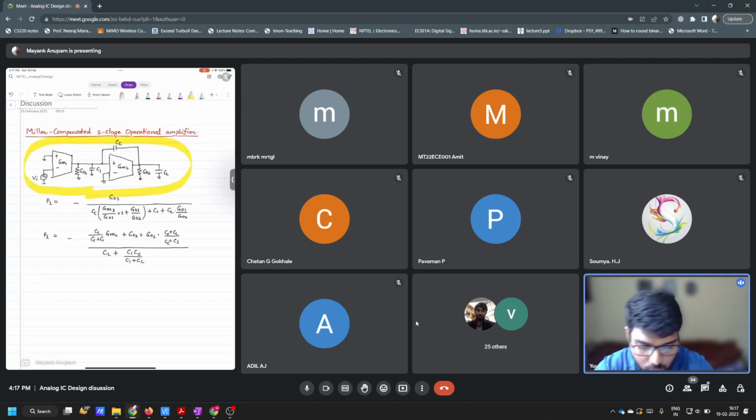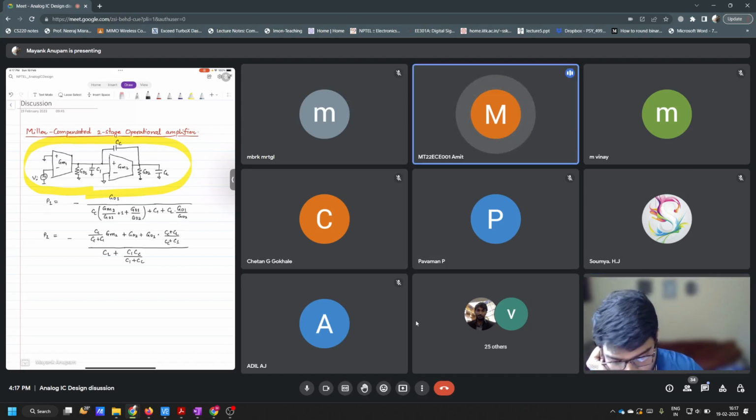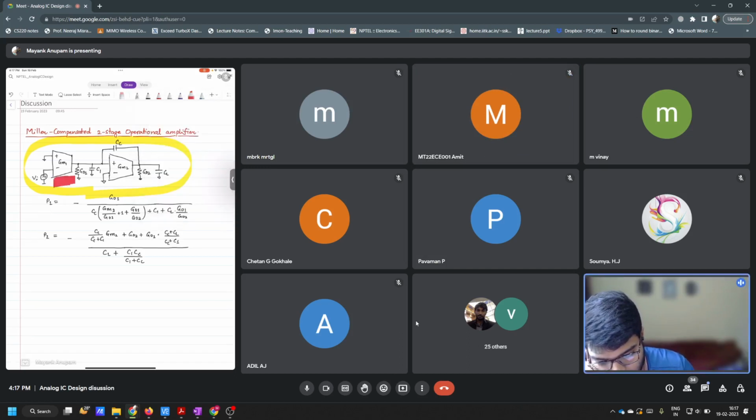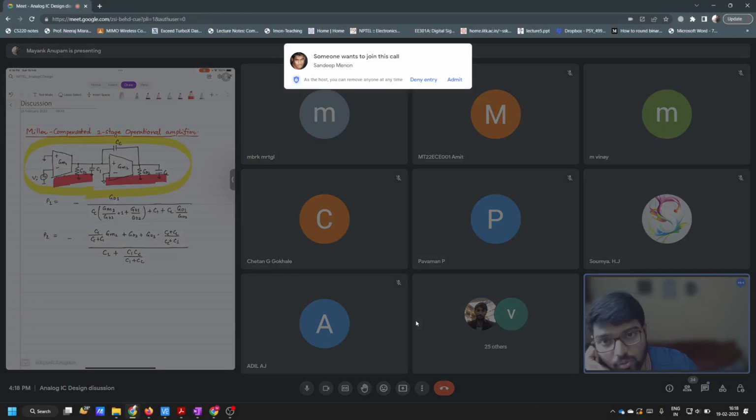Why is it called a two-stage amplifier? Anyone? We are adding two opamps. Correct. This is the first one and this is the second one, so that is why it is called two-stage.